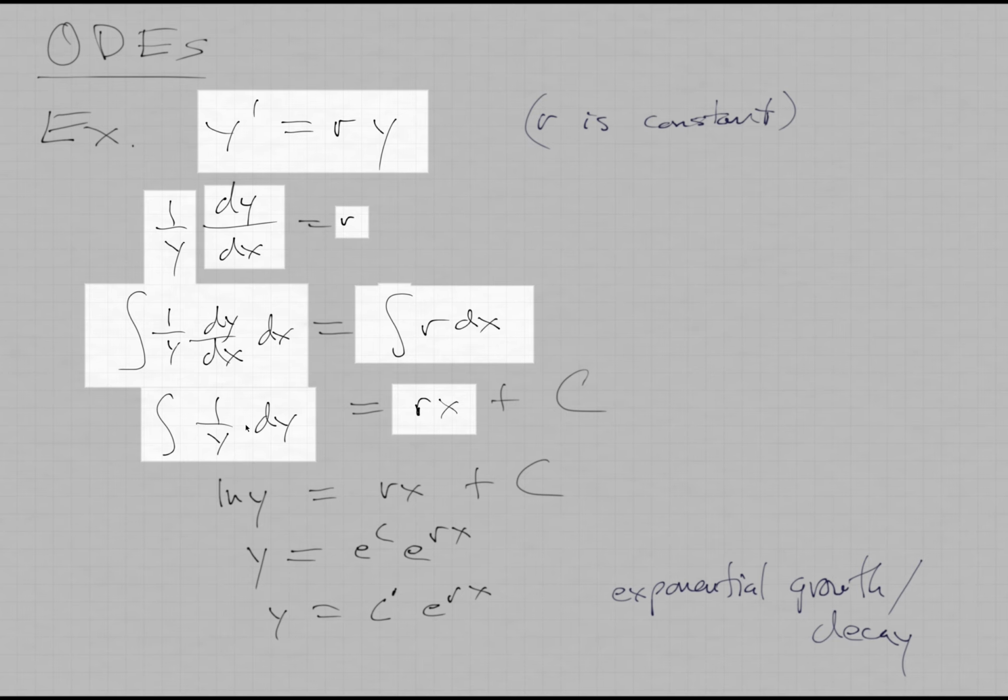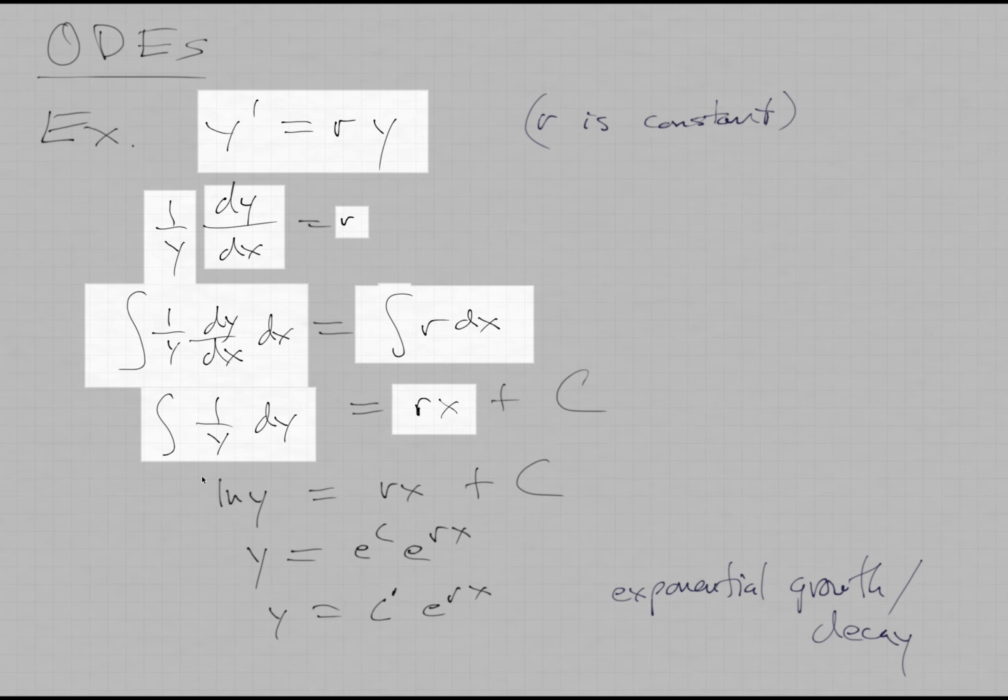So on both sides, we can compute the integral because we've separated the variables. We have only y's on the left side and only x's on the right side. This is called the separation of variables technique. It's a simple way to solve simple differential equations.